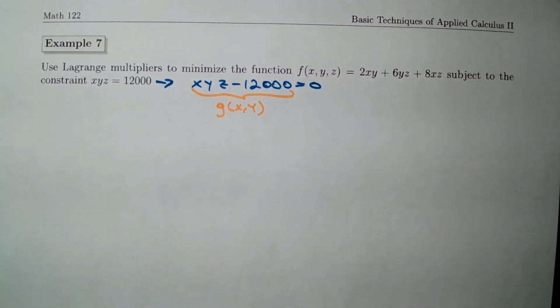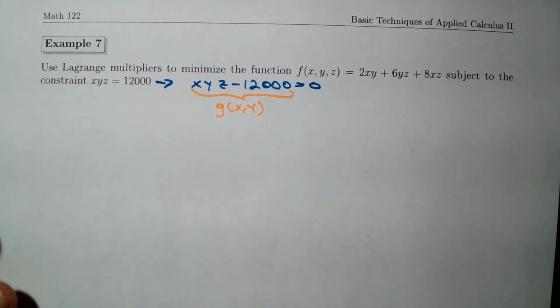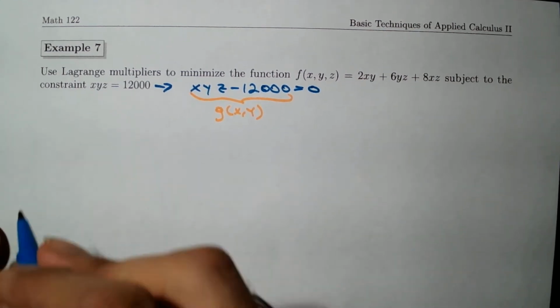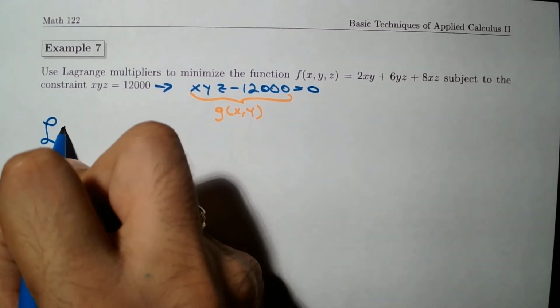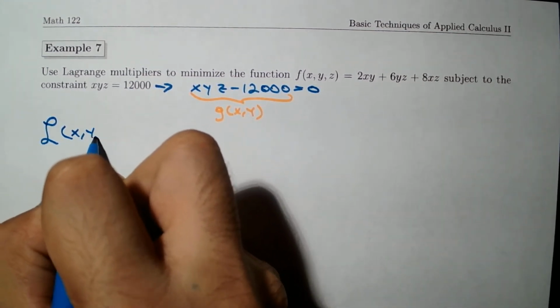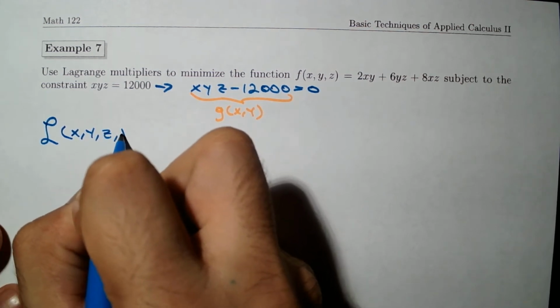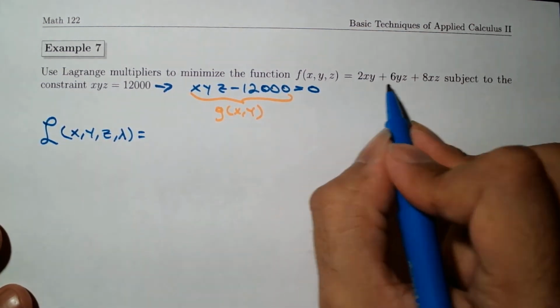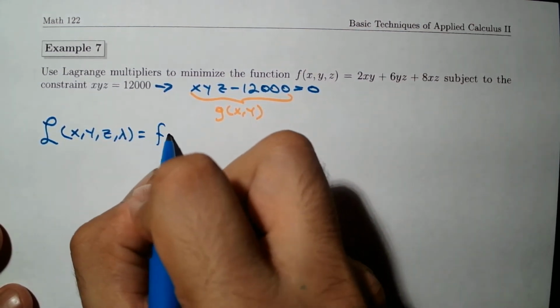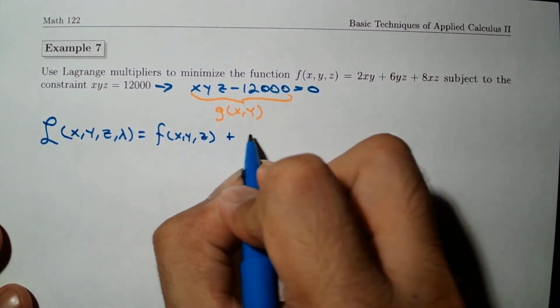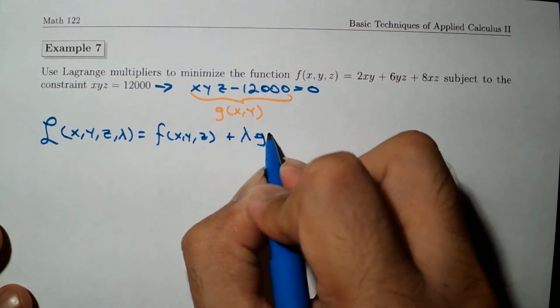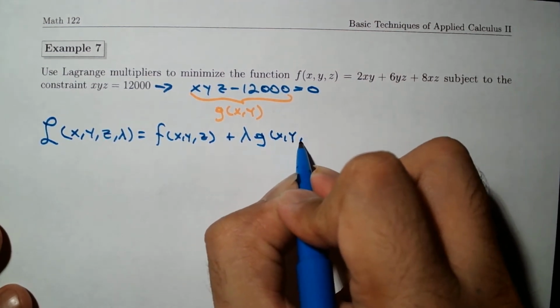Okay, so let's form the Lagrangian. The Lagrangian will look a little bit bigger in terms of notation. L of x, y, z, lambda equals the objective function, which is f of x, y, z, plus lambda times g of x, y, z.